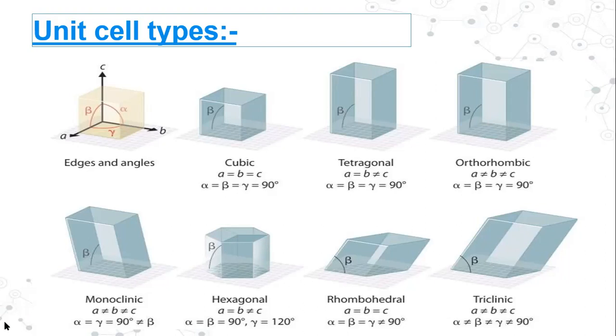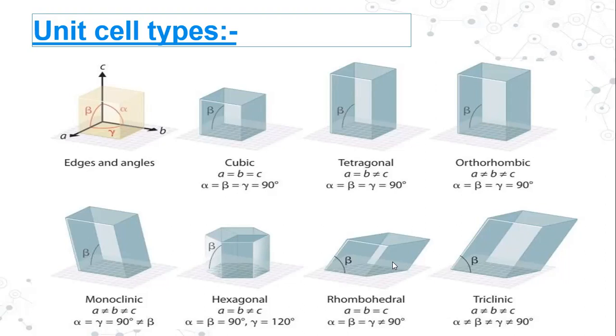So alpha is equal to gamma, but beta is less than 90 degrees. You can see it in the picture that the beta angle is less than 90 degrees. So that is about the monoclinic.